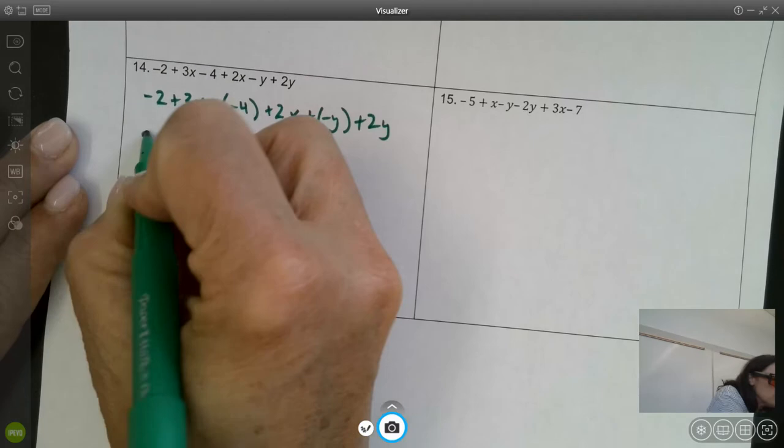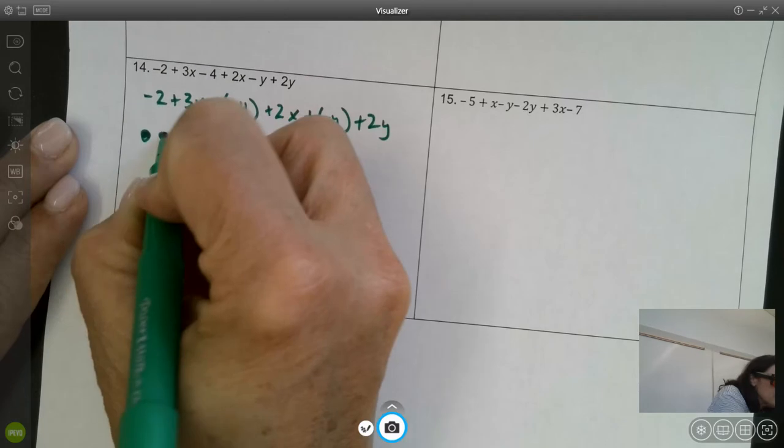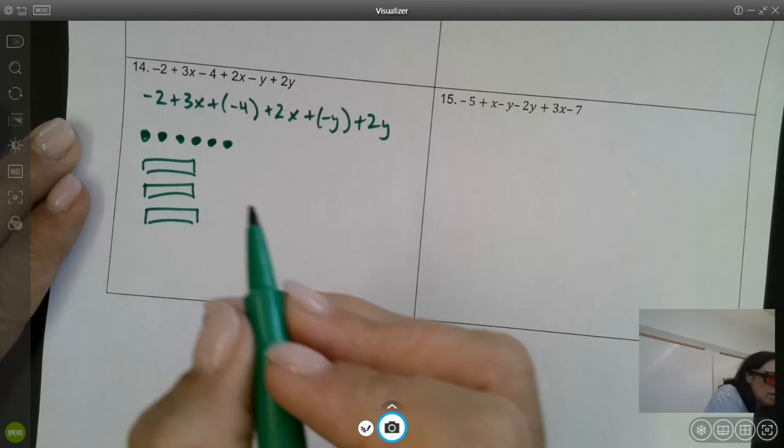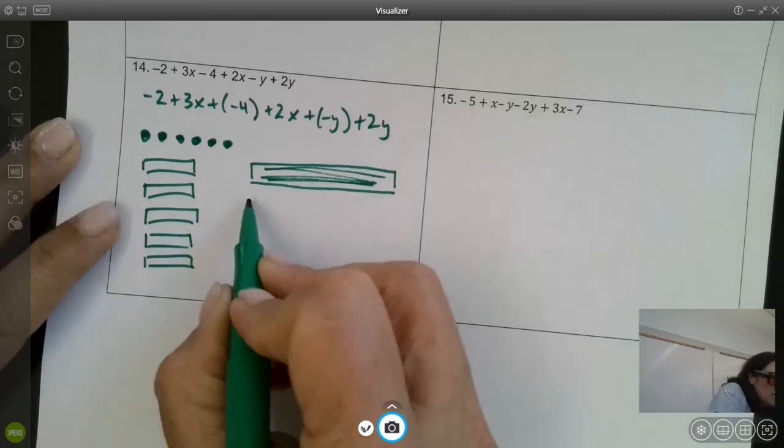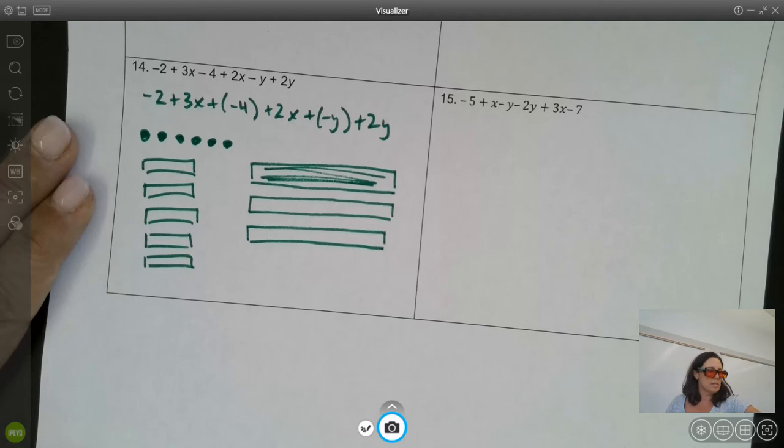So I've got 2 negative tiles, 3 x's, 4 more negatives, and then 2 more x's. I've got a negative y, and I've got a positive 2y. And again, if you can't tell the difference between your x's and y's, please put an x or a y in your tiles, okay?